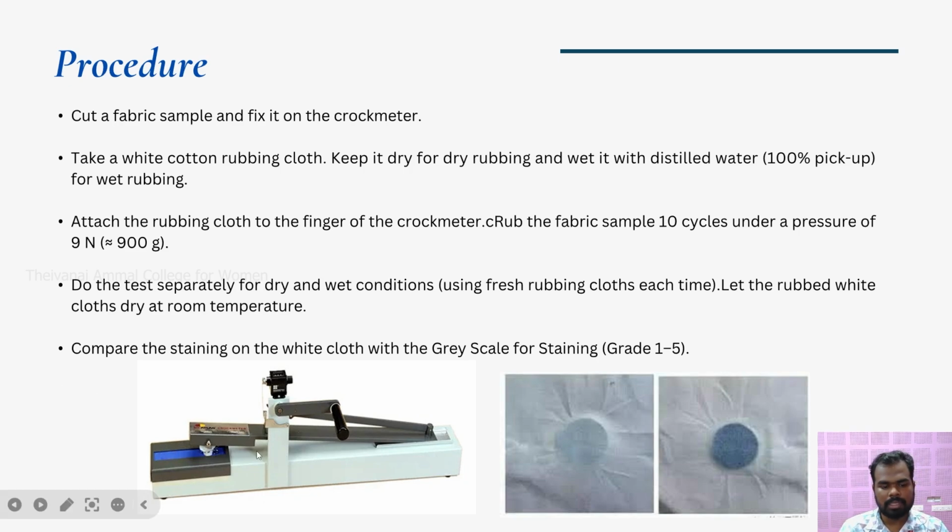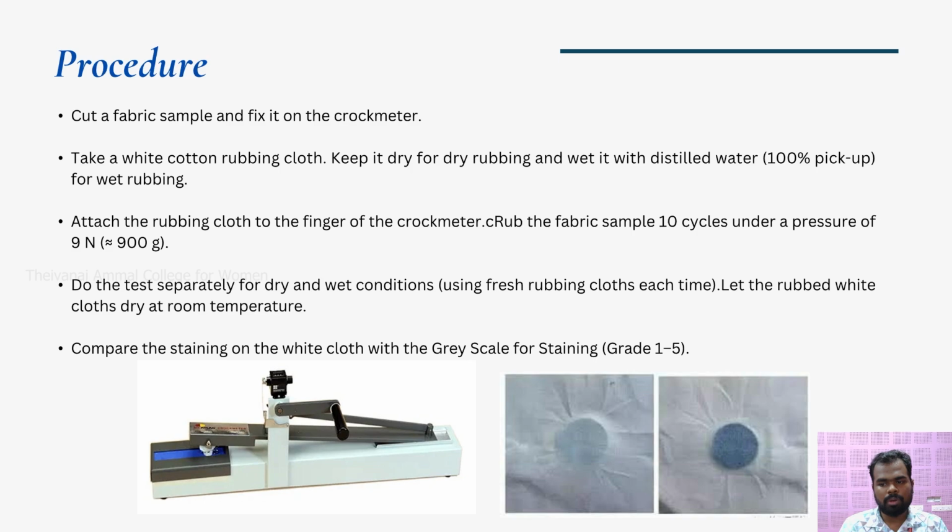Then you have to clamp the mounted specimen, close the lid, and start the machine with 10 cycles of to and fro motion, rotating the lever to and fro, with 9 Newton pressure, for about 10 cycles.